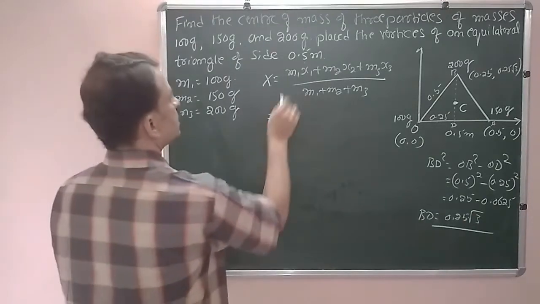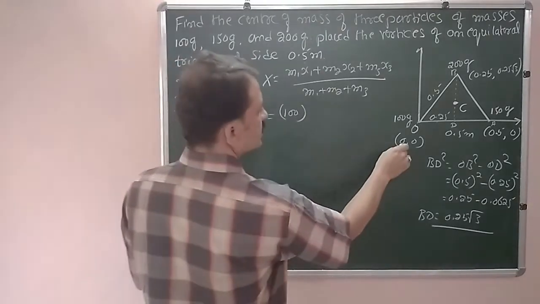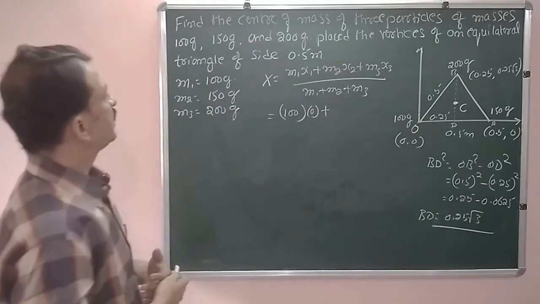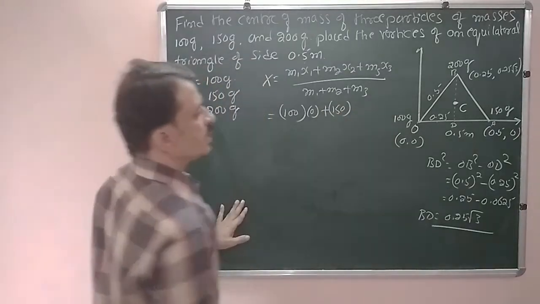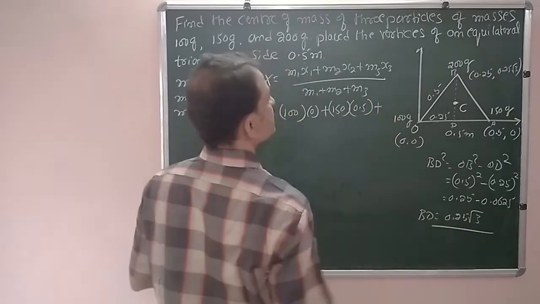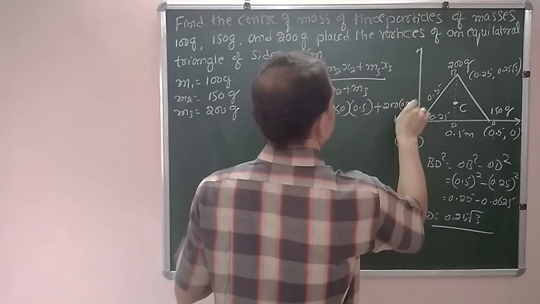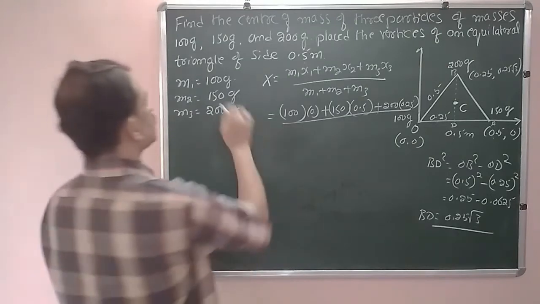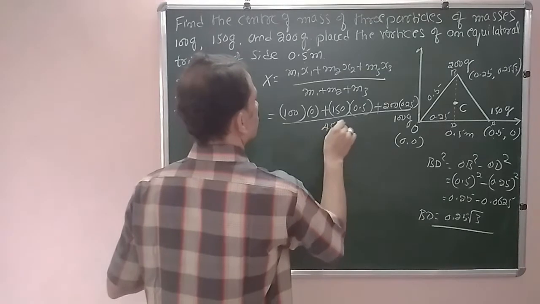Now m1 is 100 gram, x1 is 0, plus m2 150 gram, x2 0.5, plus m3 200 gram, x3 0.25, whole thing divided by 100 plus 150 plus 200, that is 450.